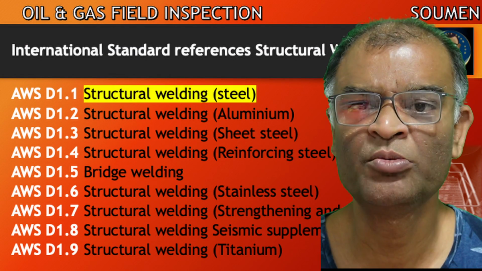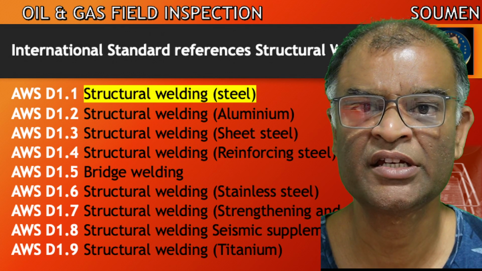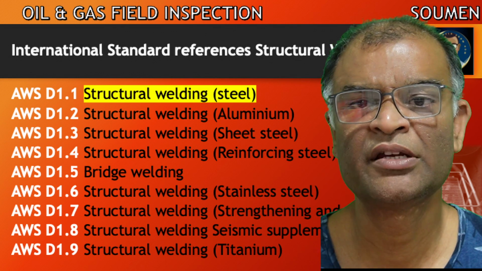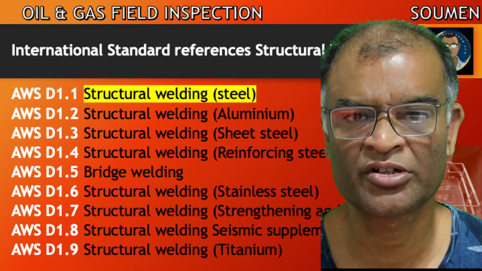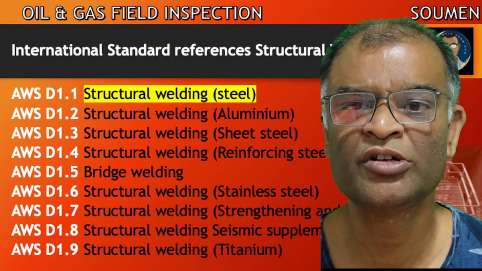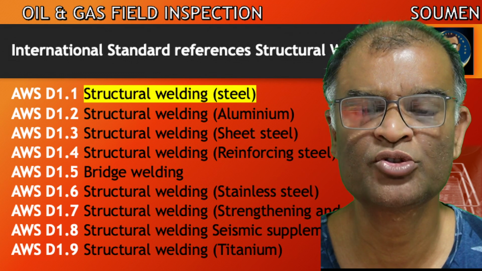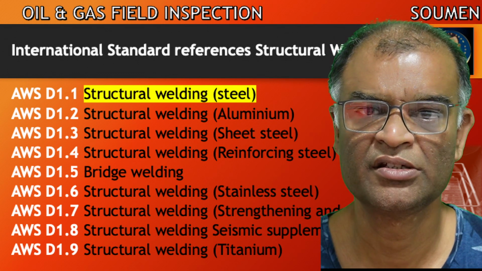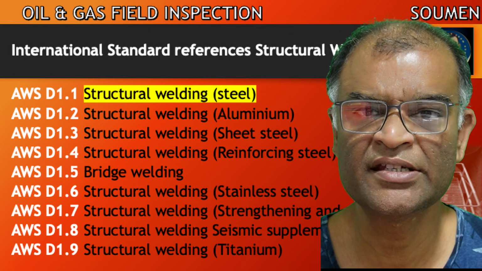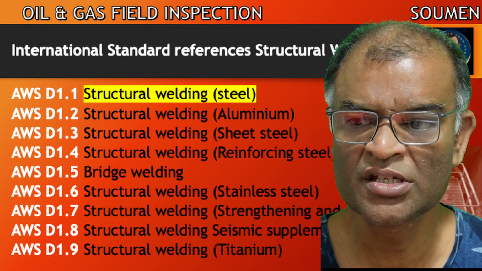Apart from the AWS, meaning American Welding Society, there are British, Japanese, Indian, many types of international standards for structural welding. But AWS codes are most relevant and most popularly used, so we will be only discussing these. AWS D series are the structural welding codes.